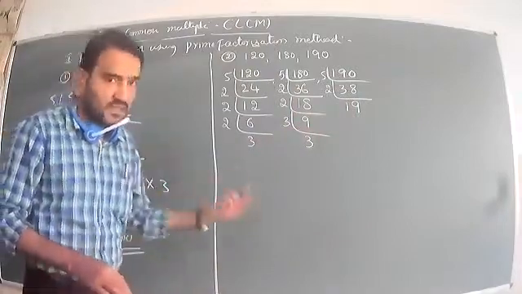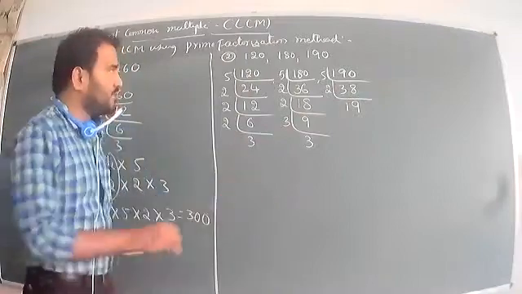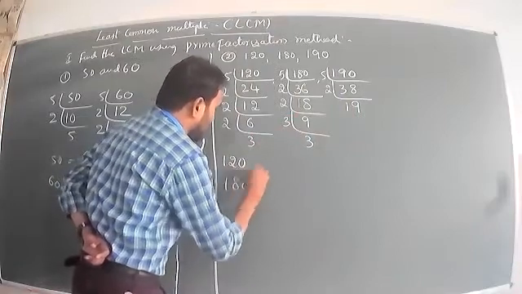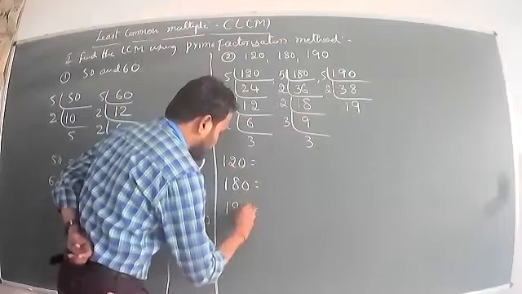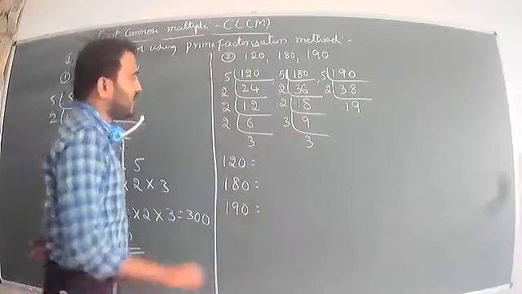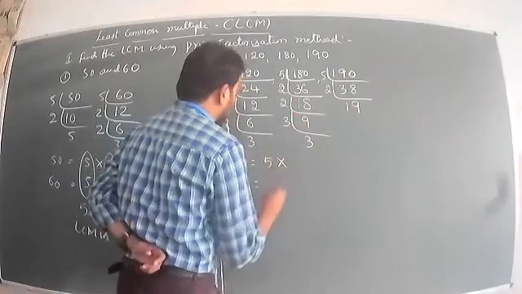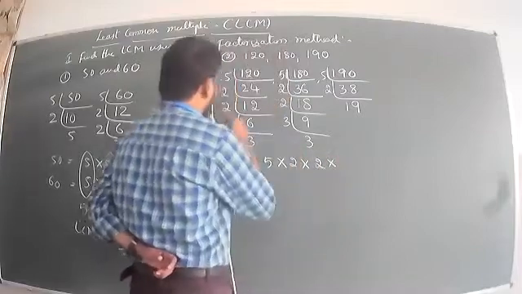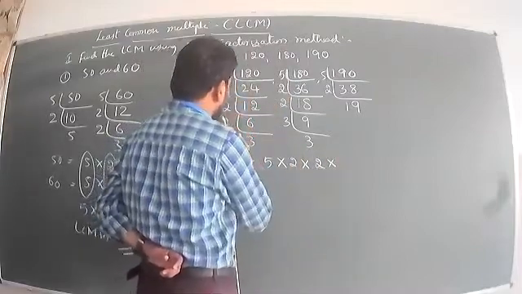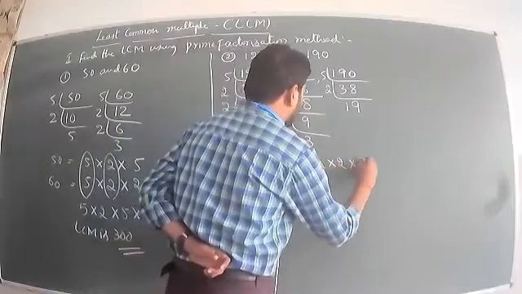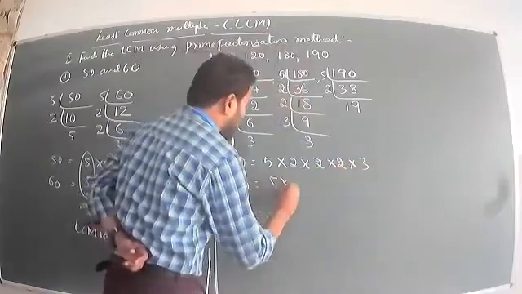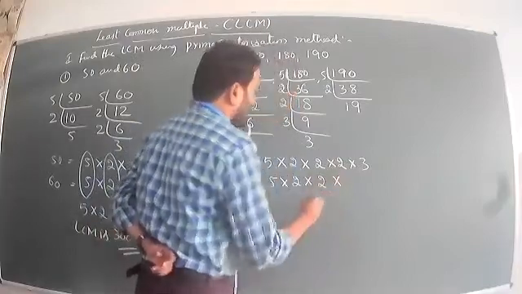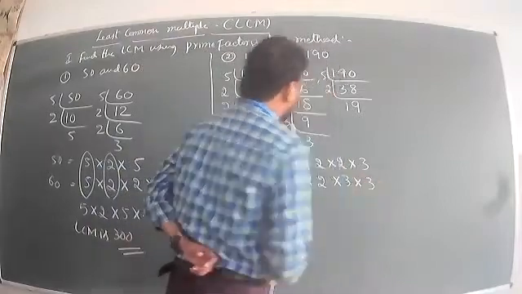So after the completion of the prime factorization, taken common 120, next 180, next to 190. First write the common factors. 5 into 2 into 2 into 3, next 5 into 2 into 2 into 3 into 3.